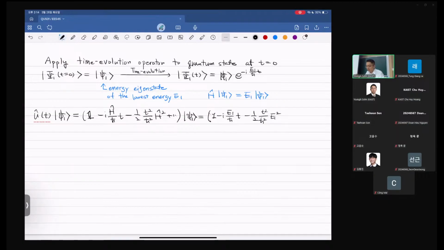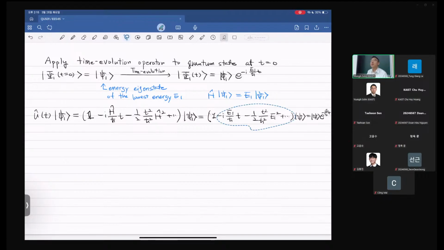So E1 is squared there, you can continue this forever, and then psi 1, and then this is what? Psi 1 e to the minus i E1 t over h bar, right?